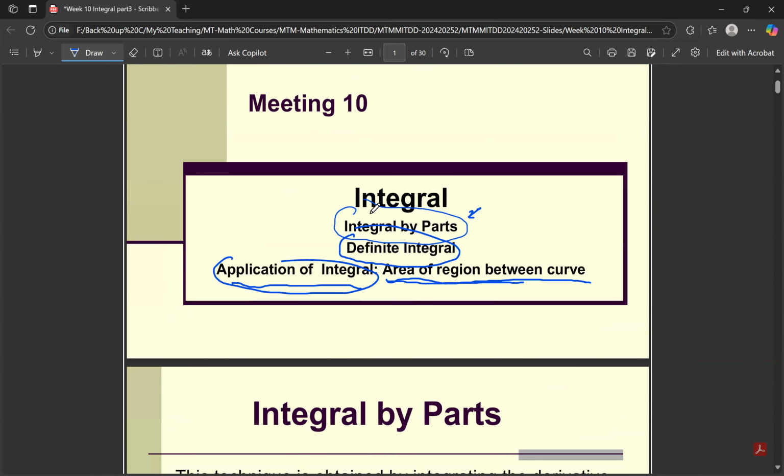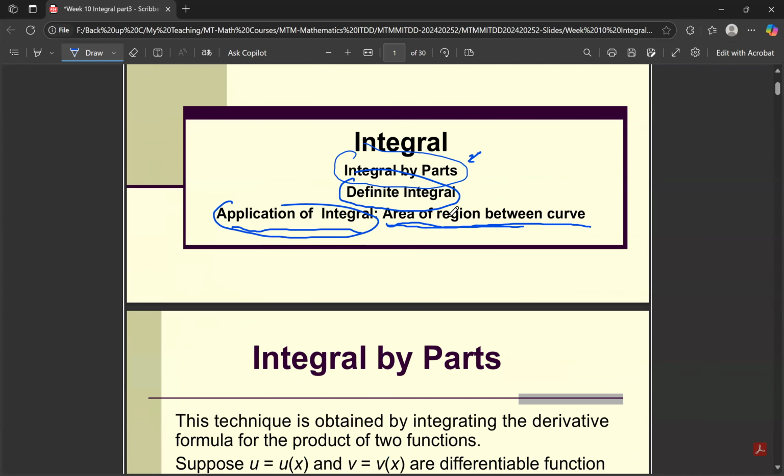Now we already talked about integral by parts, and then we also talked about definite integral. So we already talked about two things here and here. Now we want to talk about number 3, application of integral: the area of a region between curves.